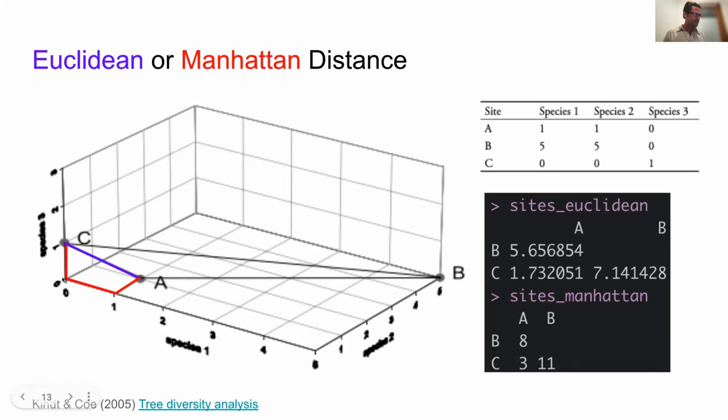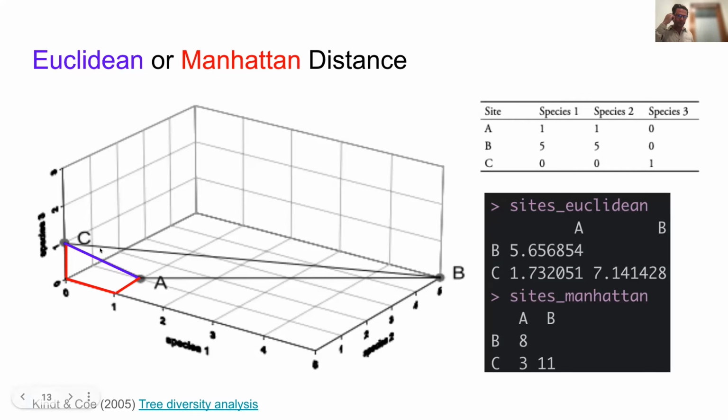So site A has 1 of species 1, and 1 of species 2, and on the Z axis for species 3 it's got 0. So that's why its dot is right there. And then site B has the most of species 1 and 2, 5 each, and 0 of species 3, so it's over here. And then site C has 0 of species 1, 0 of species 2, and 1 of species 3.